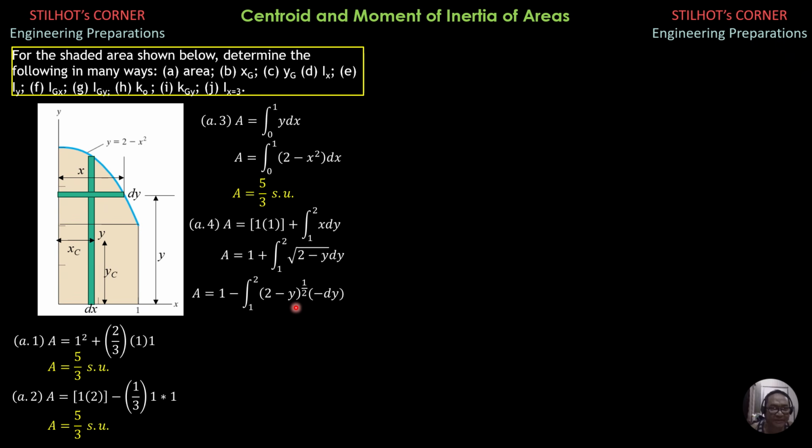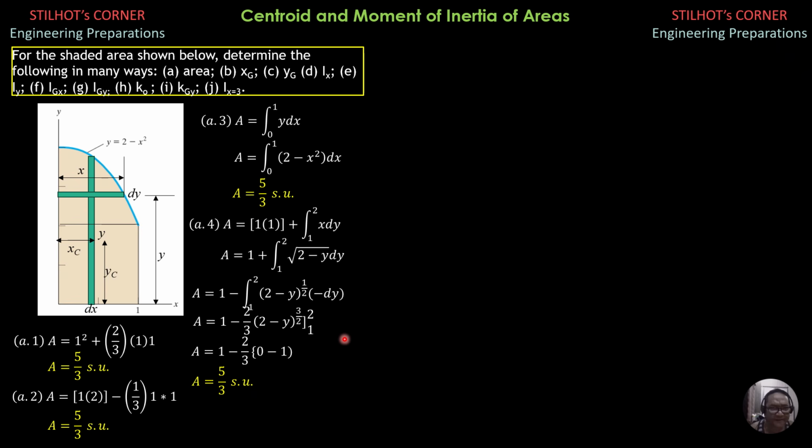So that would be by power formula, 2 minus y to the 3 halves over 3 halves, or 1 minus 2/3 of quantity 2 minus y to the 3 halves. Then limits from 1 to 2, you will get minus 2/3 of quantity 0 minus 1. And that is equal to 5/3. So that's the fourth way.